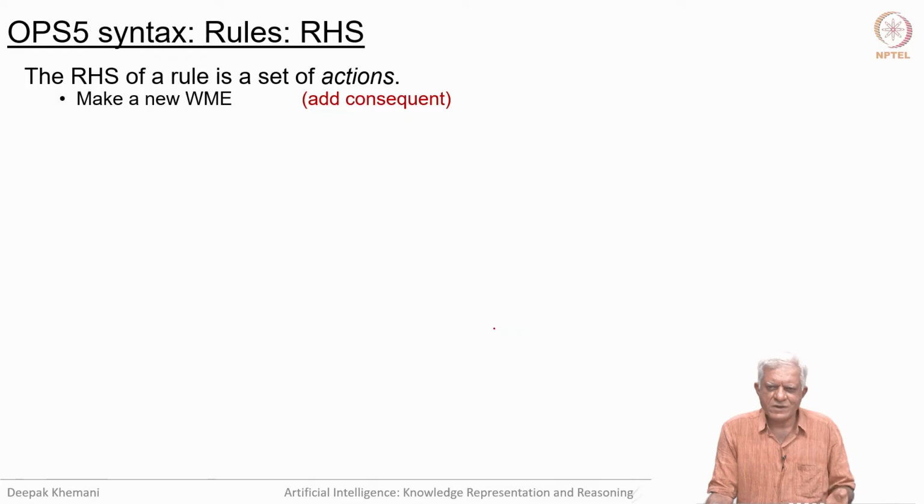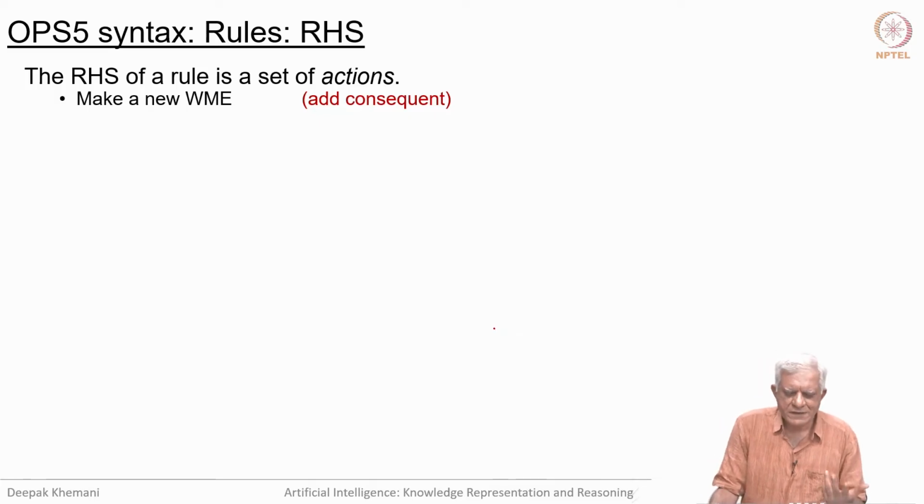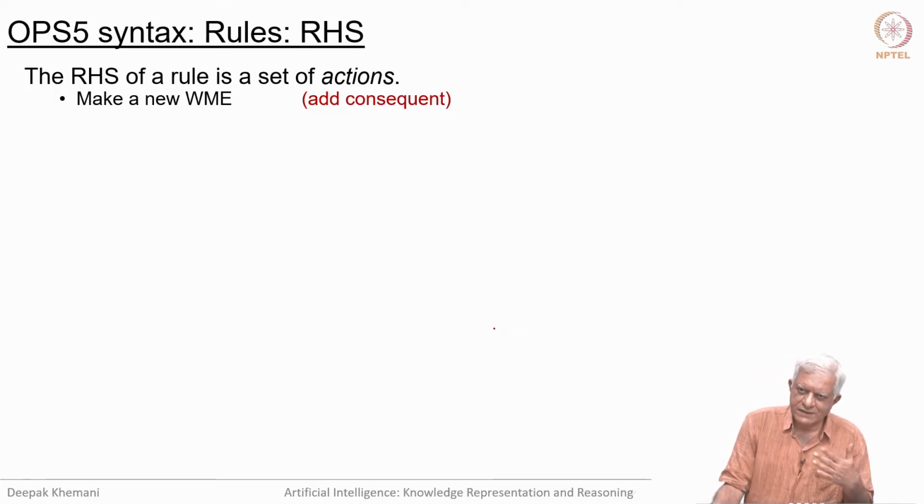So, the simplest thing you can do is make a new working memory element, that is like adding a consequent, and that is like doing things in logic essentially, that if the knowledge base has all men are mortal and Socrates is a man, then add to the knowledge base that Socrates is mortal.